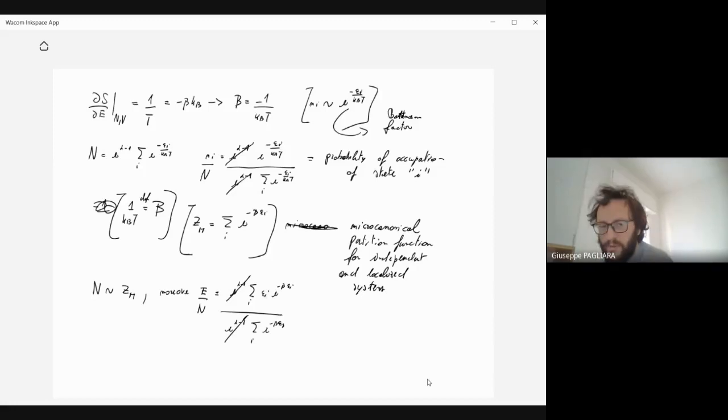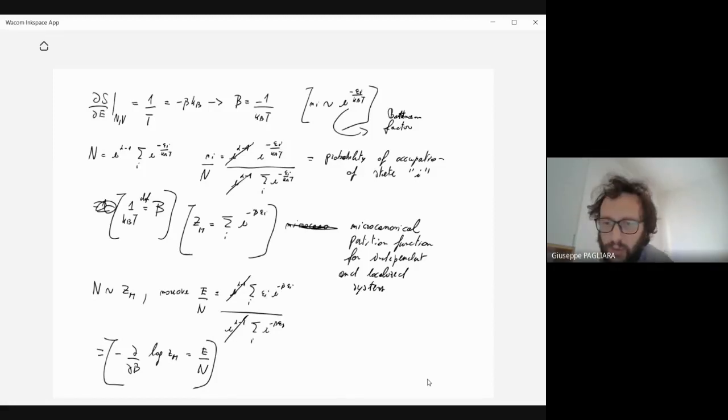Of course, this drops. And this quantity is actually minus the derivative with respect to beta of the log of zeta m, divided by N.